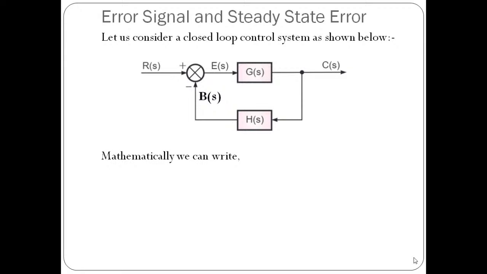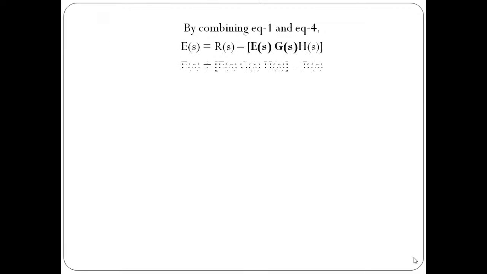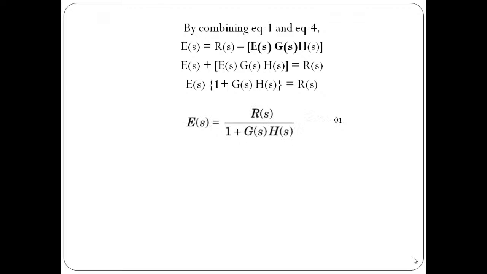In the last lecture, we discussed in detail the concept of error signal and how to calculate the value of steady state error. First, we took a closed loop control system where our objective was to find a mathematical expression to determine the value of error signal.